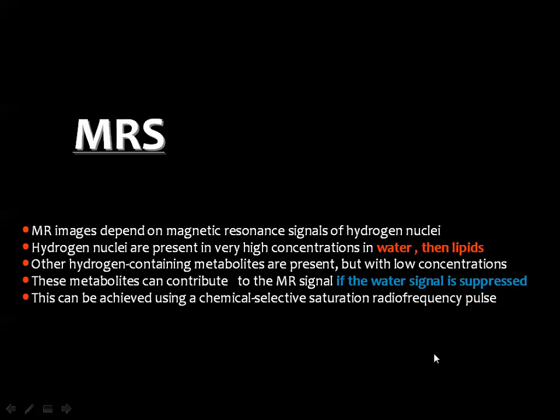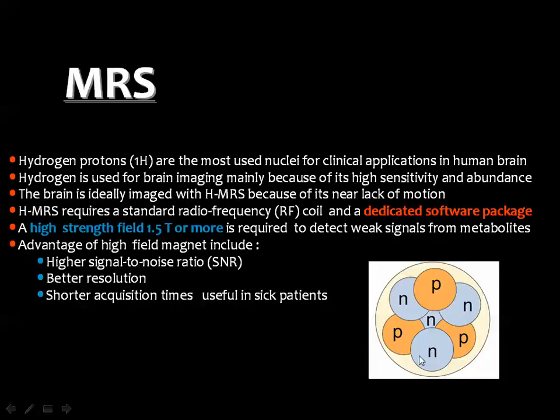Regardless of the name, we should know that the hydrogen protons are present in the human brain, and are very abundant, and the brain tissue is ideally imaged by MRS because of the relative lack of motion. So the images and the spectroscopic curves will not be disturbed by the motion.